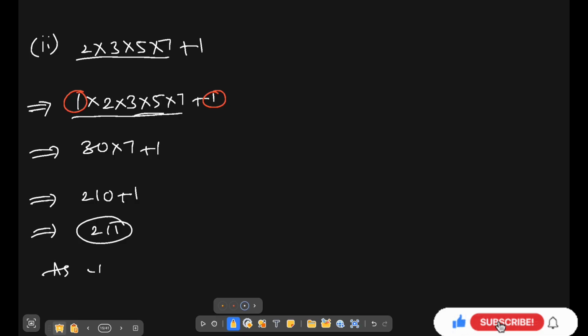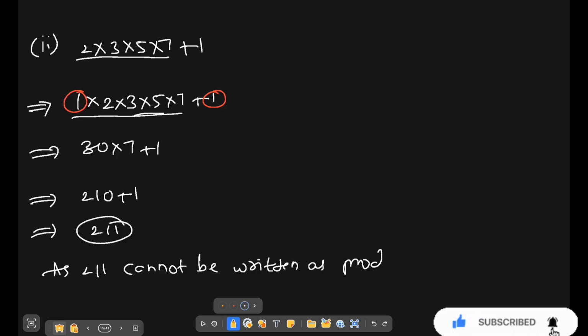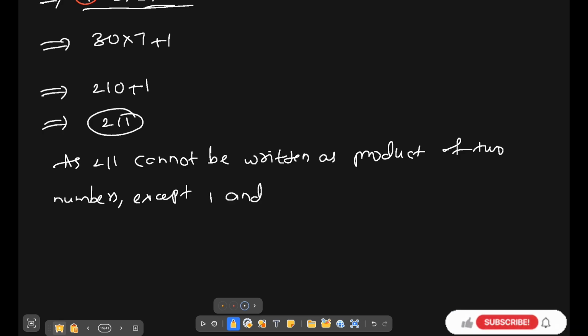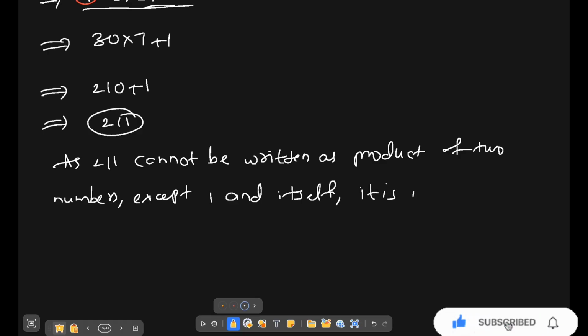As 211 cannot be written as product of two numbers except one and itself, it is not a composite number.